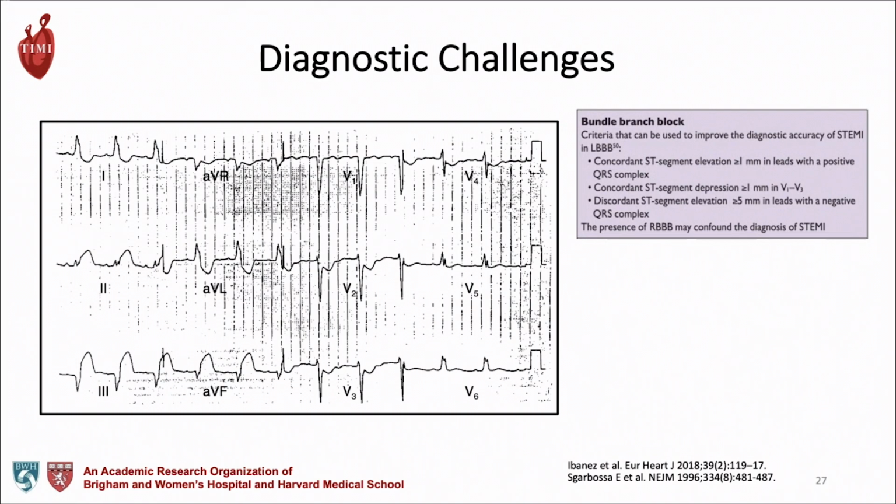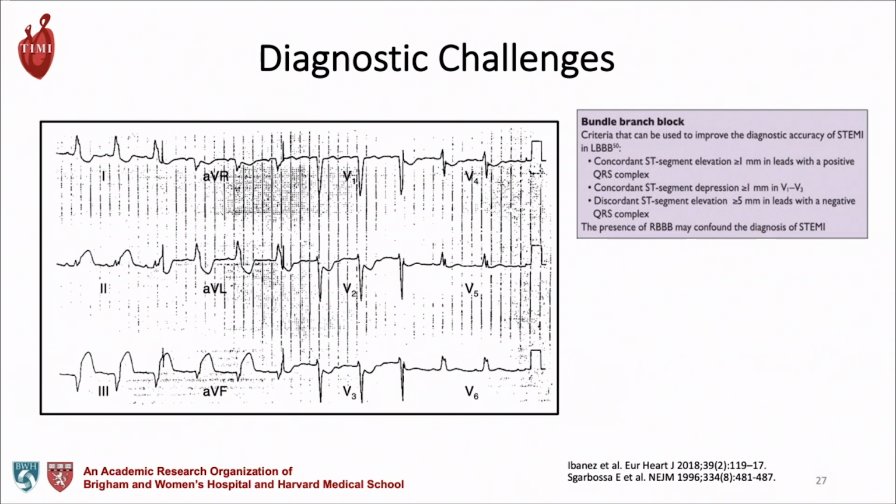And this is something you can always look up, but one of the key take-homes is that you're looking for ST segment deviations that are either concordant with the direction of the QRS complex, as we see in V2 and V3, and even minimal perturbations of the ST segment that are concordant can be suggestive of ischemia, or if there are discordant ST elevations that are dramatically discordant, so greater than 5 millimeters discordance from the QRS complexes, like we see in lead 3 in this example.